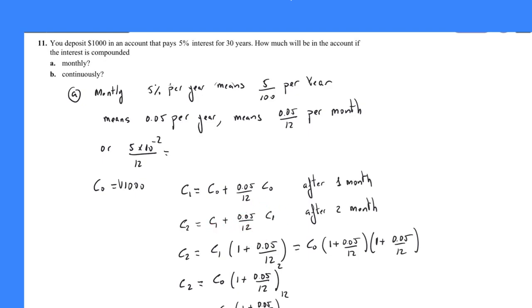What you earn is based on what you had at the starting of the first month. You have C1, etc. So it's the same equation.